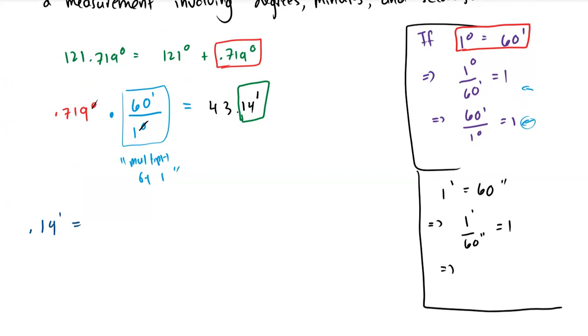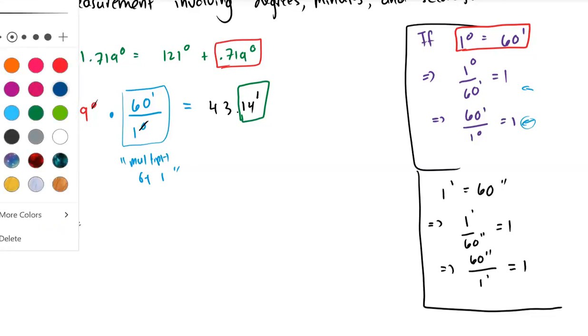And similarly, it doesn't matter in which way you do the ratio, 60 seconds over 1 minute is also equal to 1. So just as before, we're going to multiply this by 1 in this fancy way. Let me do something here just to make it more obvious. So 0.719 is equal to that multiplication because we're just multiplying by 1.